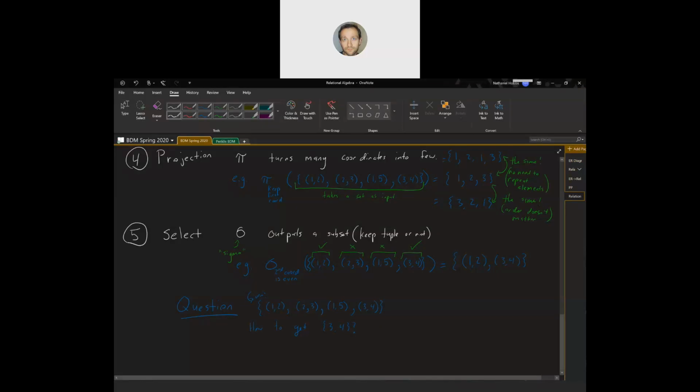The answer here is that you combine functions. We have a projection and a select. So first of all, we can select where the second, well here, I can just copy this whole thing.